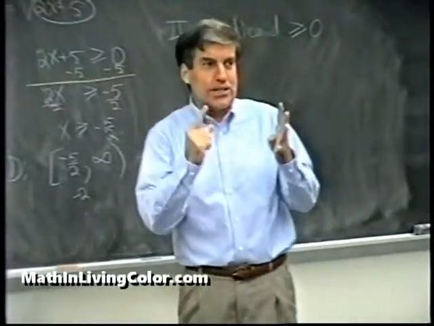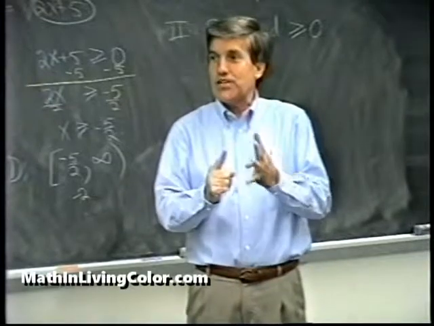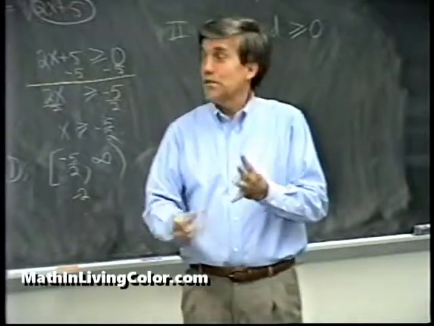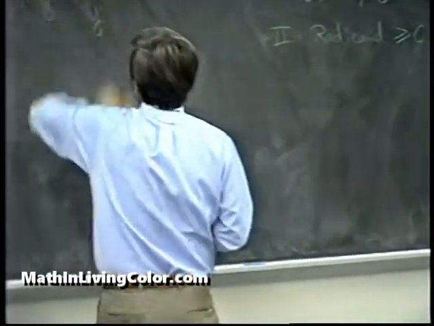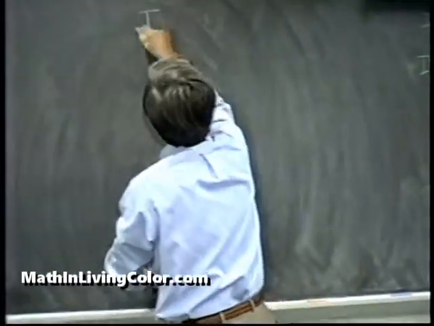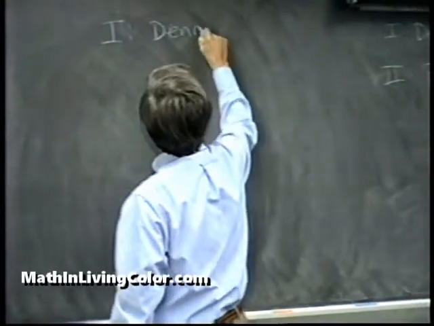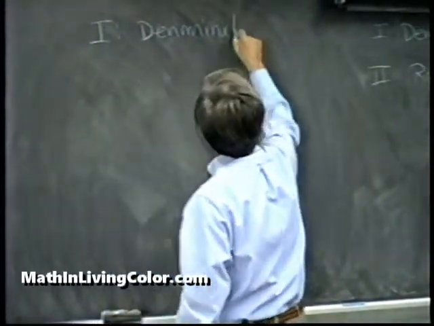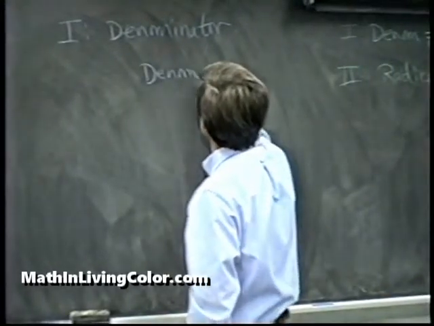The first category is if there is a denominator. What's the stipulation if there's a denominator? The denominator cannot equal 0. So if we've got a category 1 problem, category 1 is denominator, and the requirement is denominator cannot equal 0.